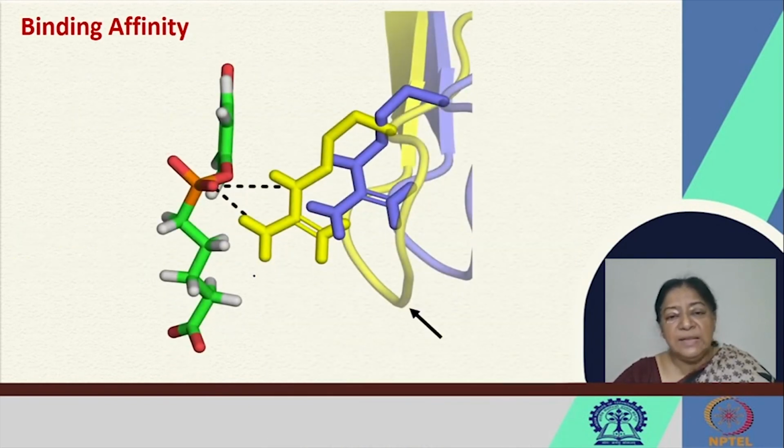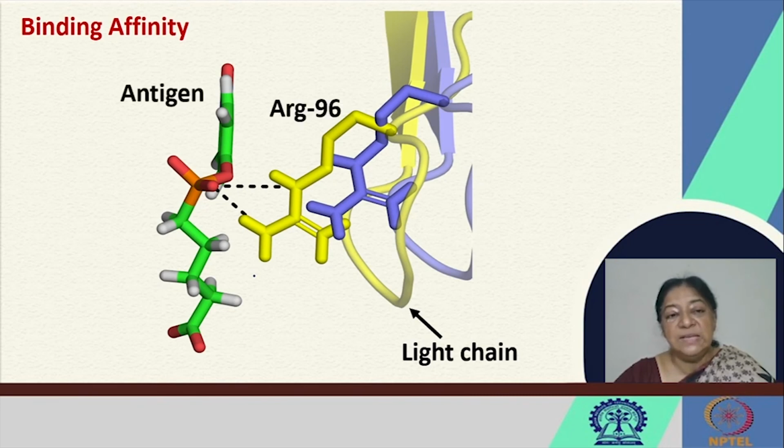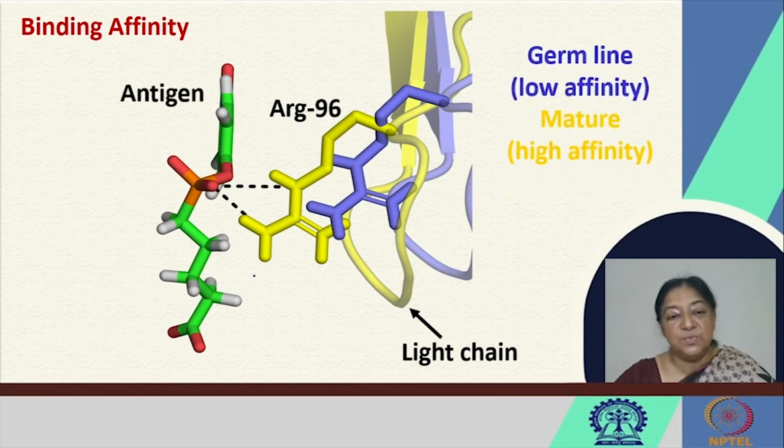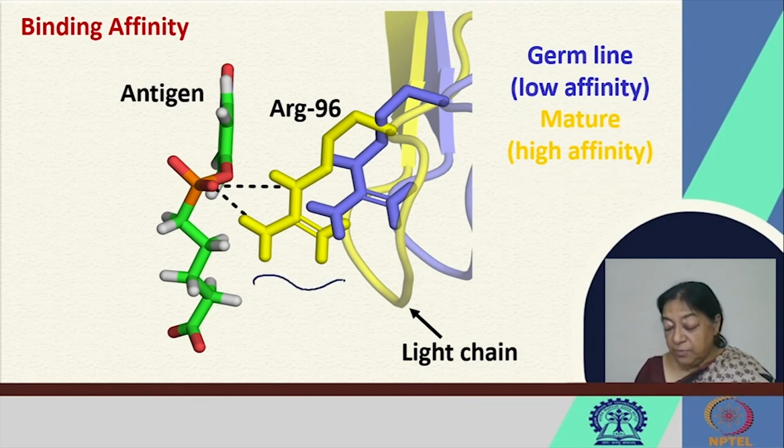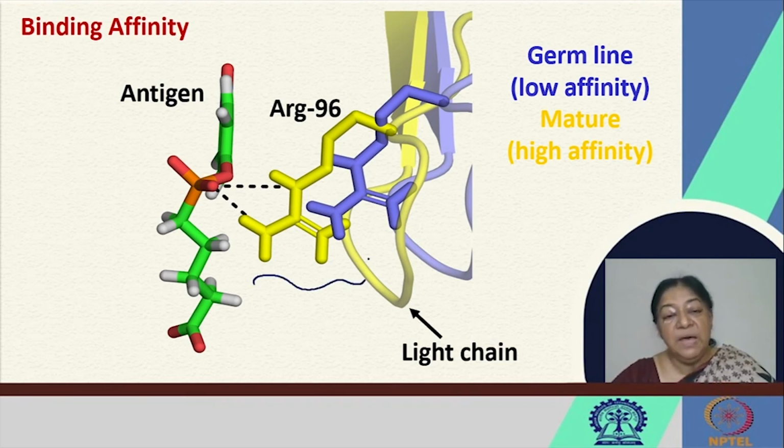If we look at the specific light chain binding here, where we have an arginine 96, we can see the antigen interacts with the antibody, and there is a specific movement between a low affinity type and a high affinity type, with a specific interaction of this side chain.